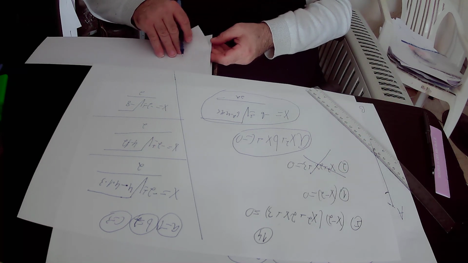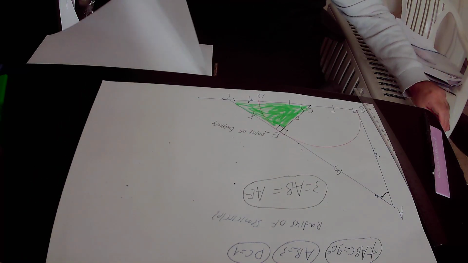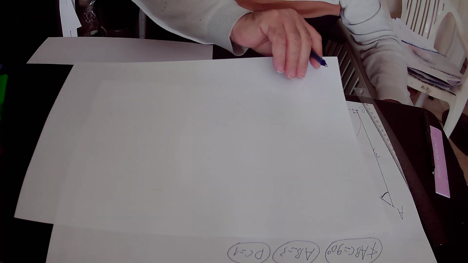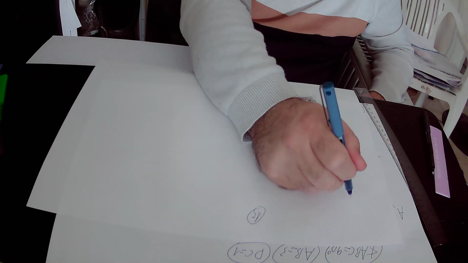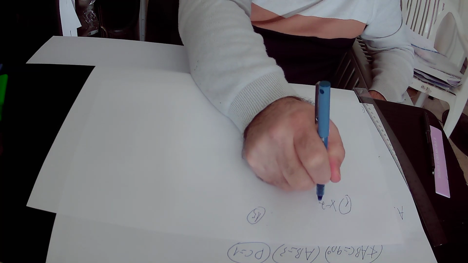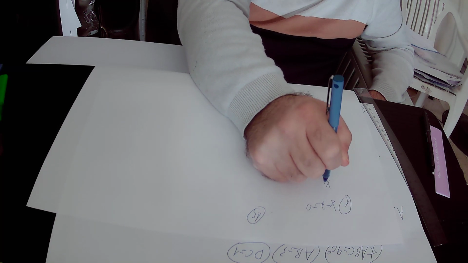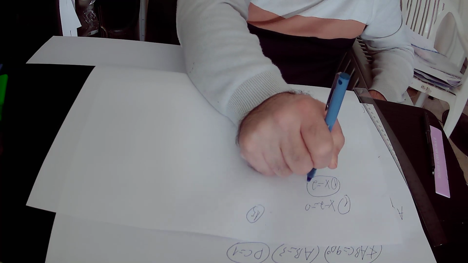Okay, so x minus 2 equals to 0. So if x minus 2 equals to 0, then x equals to 2. We found out that x equals to 2.